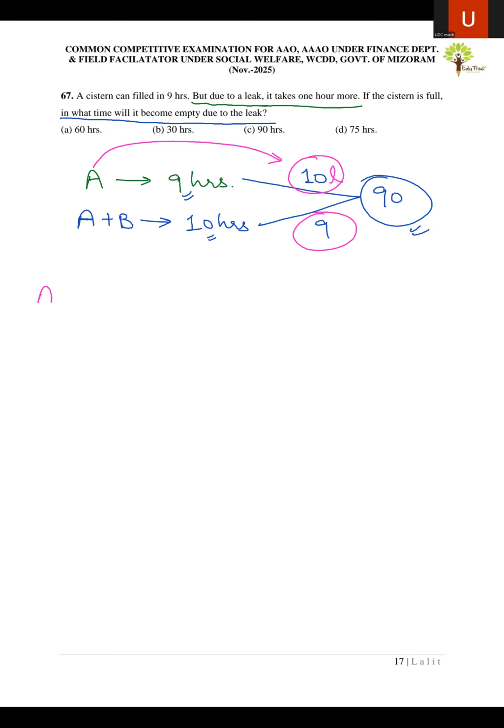A is filling 10 liters of water in 1 hour. All right. And A and B are together filling only 9 liters of water in 1 hour. What does it mean?